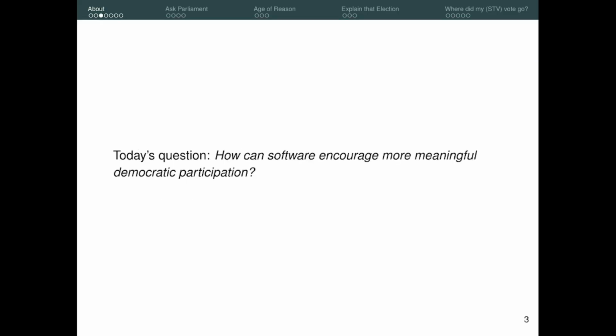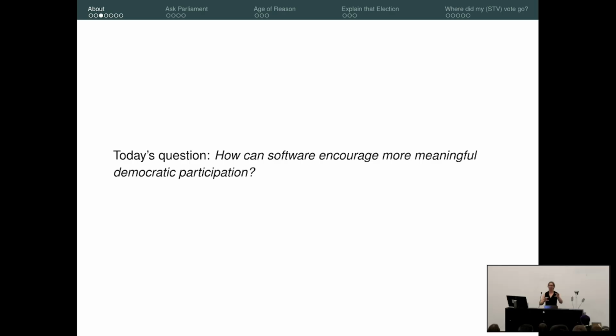So today's question: how can we build software that encourages more meaningful democratic participation in Australia? And part of what I think we've realised as we've gone along is that this is not one question. This is a whole cluster of different questions that address a whole lot of different groups of people at a whole lot of different points along their democracy journey.